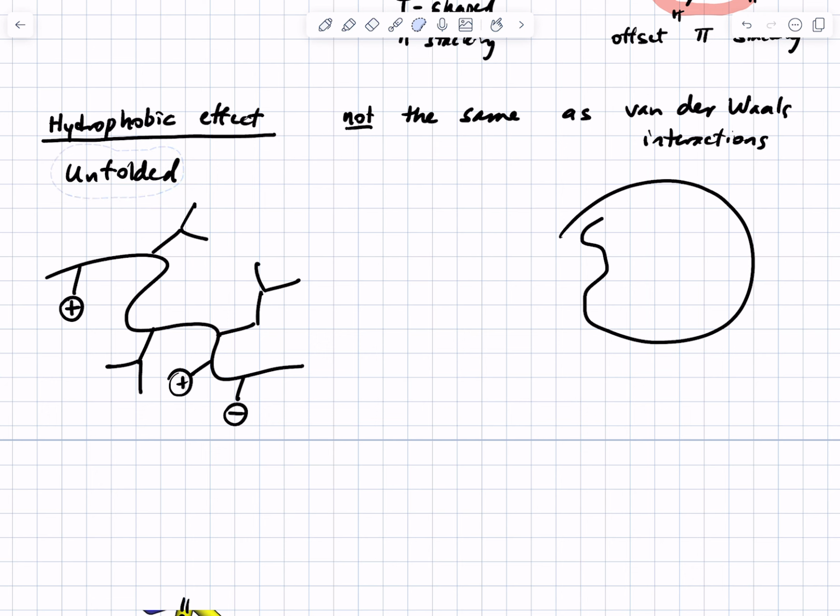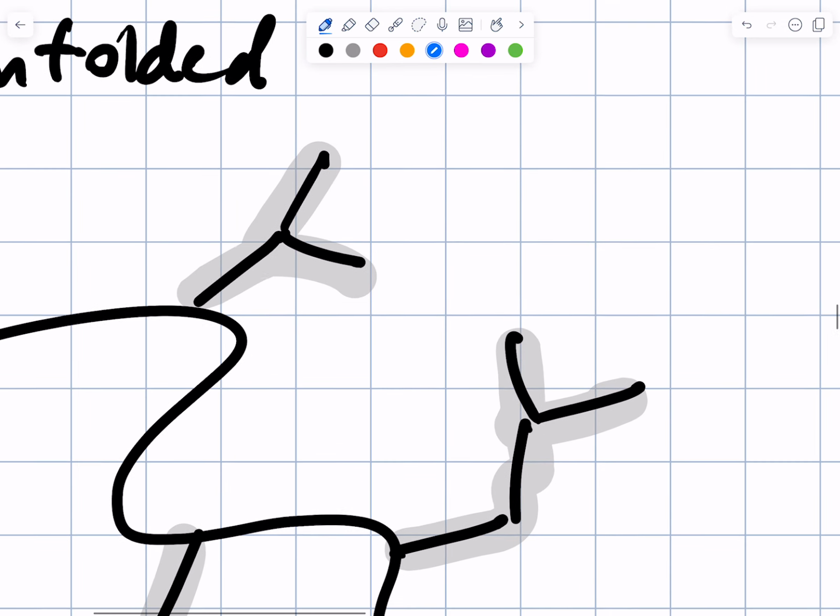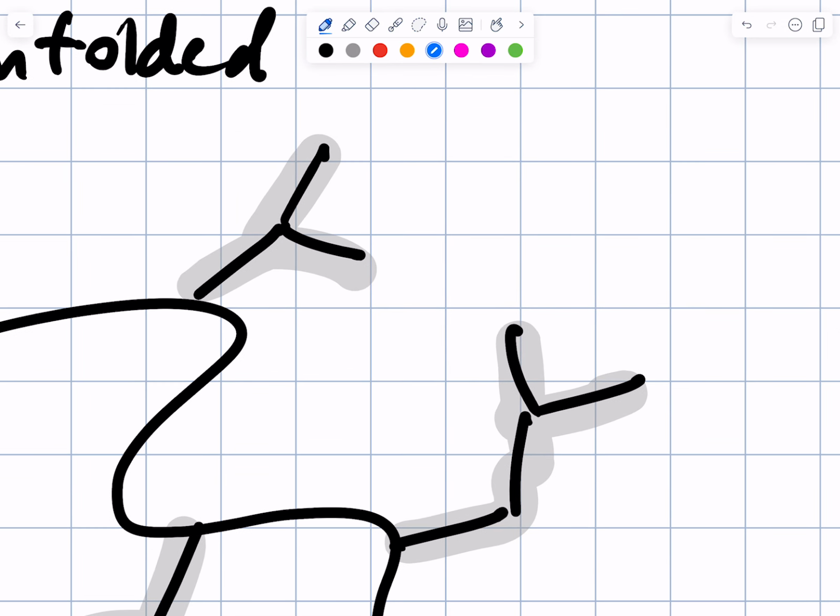What happens when nonpolar functional groups, and I'll highlight them in gray, are exposed to water is that they don't interact well with water. So the water molecules in the immediate vicinity of the nonpolar side chains suddenly have space around them that's not filled with water molecules, nothing to interact with, so they interact with each other much more favorably.